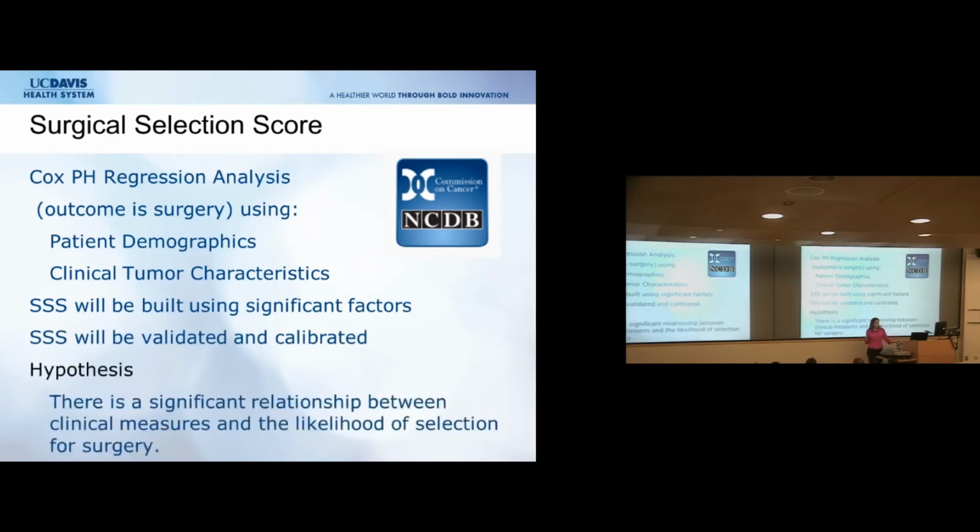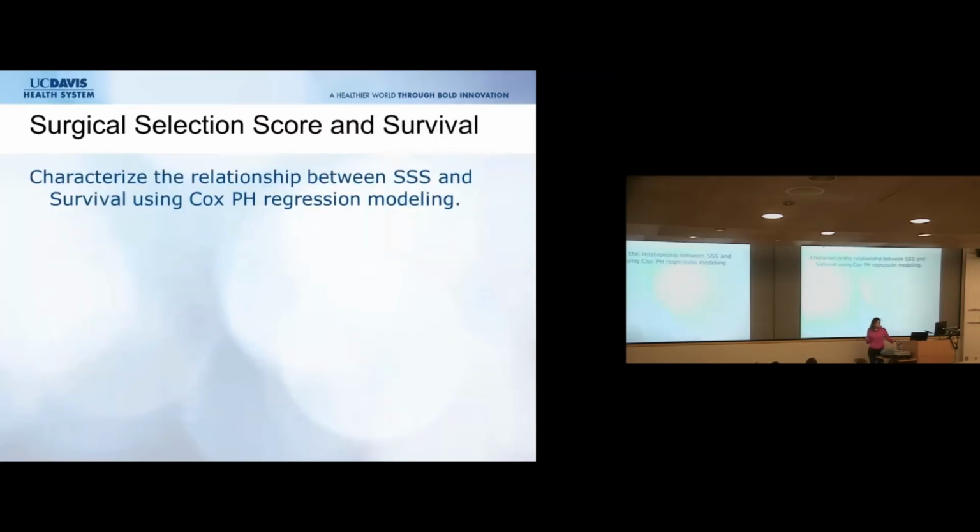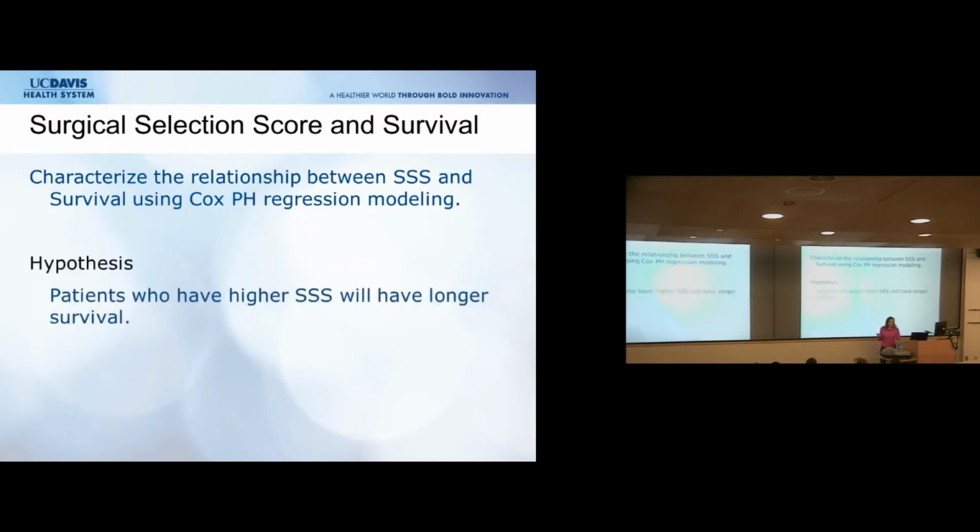And again, we think that there's going to be a significant relationship between these clinical measures and the selection for having surgery. So the next thing we're going to do is to characterize the relationship between the score and survival. And again, we think that the patients who have a higher score will have longer survival.